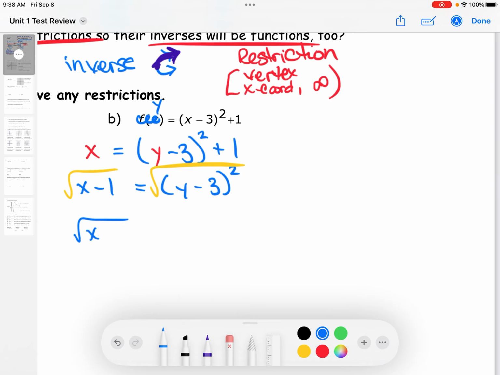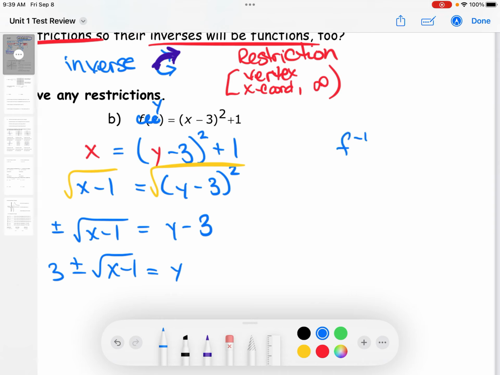So we have the square root of x minus 1, and that really does need a plus or minus sign because we took the square root in order to solve. That's equal to y minus 3. Then to finish this, we need to add 3 to each side. So that gives us 3 plus or minus square root of x minus 1.